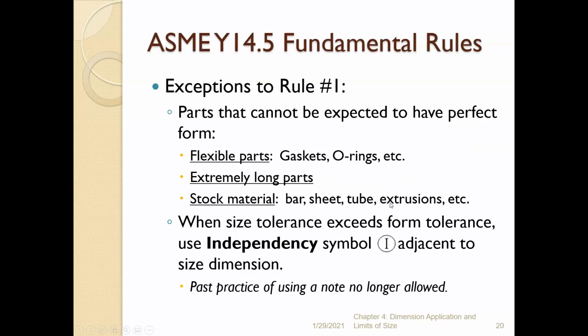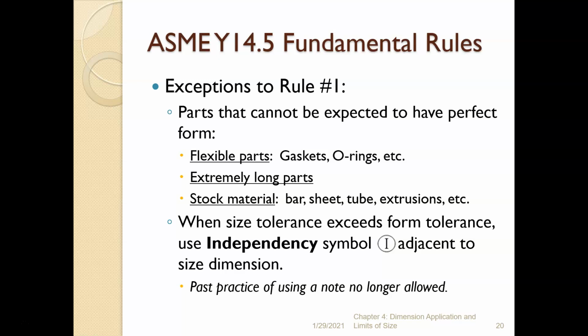Now, there are some exceptions to rule number 1. These are basically parts that cannot be expected to have perfect form. Typically, these are floppy parts, extremely long parts, and stock material.